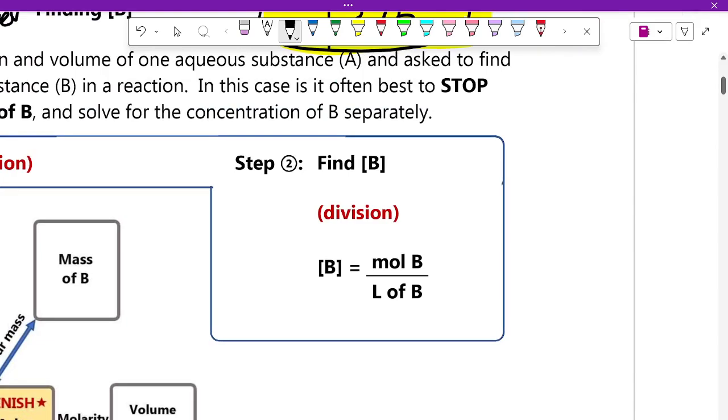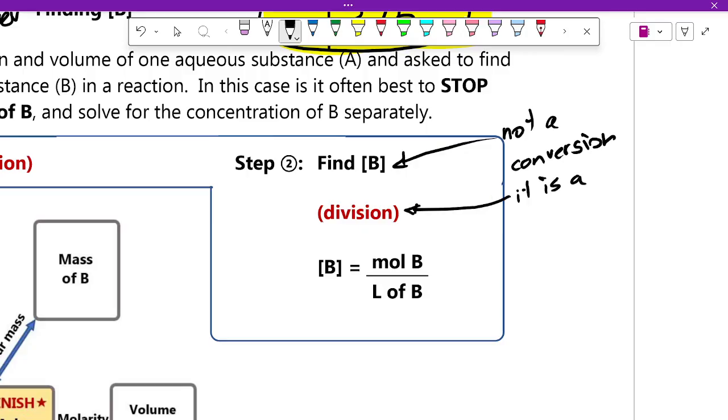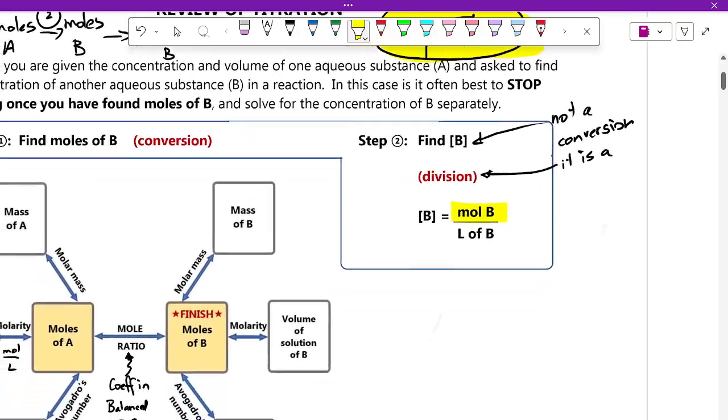And if you're finding the concentration, that's not a conversion. It is a division, because this is what you had found in the last step, and you would have to divide it by the liters to get the concentration. Okay?